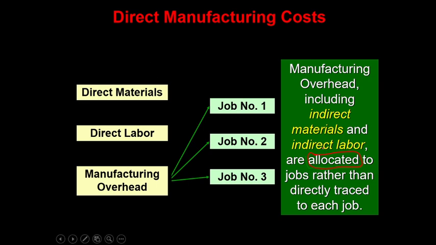If you trace them, it is not practical, or it is impossible to trace them. So what you do is you come up with a predetermined rate, a process by which you can distribute your manufacturing overhead per job. So they are allocated to jobs rather than directly traced to each job.